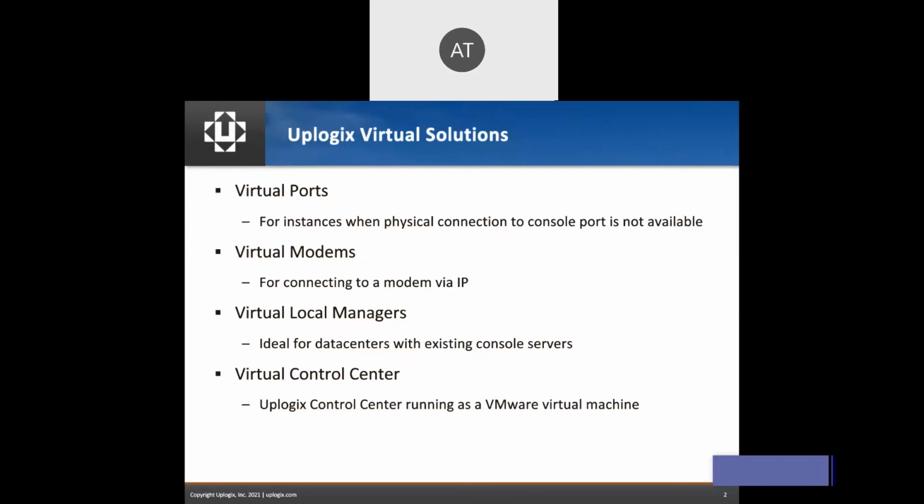We can also connect to a virtual modem if you've got an external modem somewhere on your local network that we can use for out of band. We also have virtual local managers that just run as a VM and then connect to systems directly using virtual ports, or connect through existing console servers. And of course, the control center is available as a virtual machine. That's very popular these days.